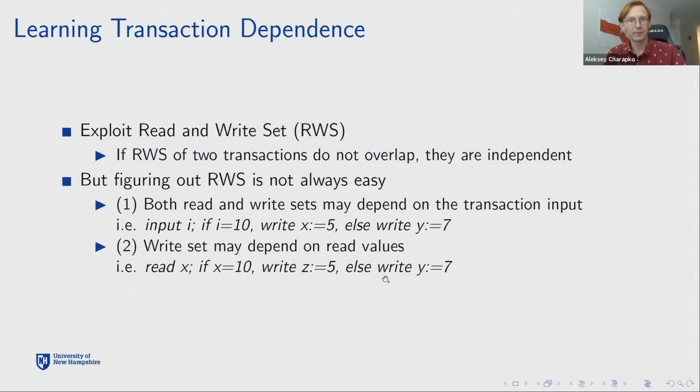The write part seems very similar to the previous example, where the transaction depends on the input. But here we have to read stuff ahead of time. It's not given to us before we run the transaction. In example 1, the input was given before we start the transaction. In example 2, this X we have to acquire from the data state.